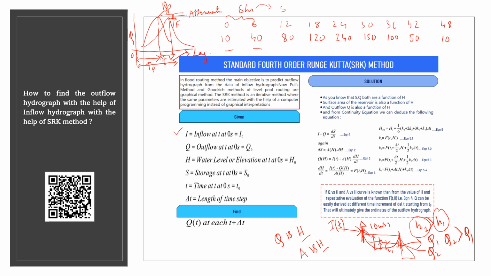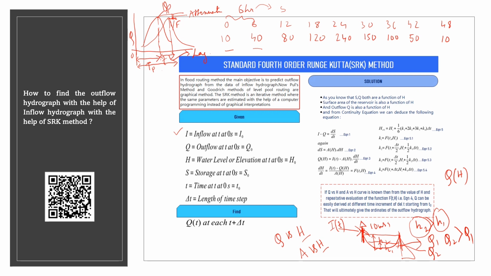And when it is converted to kinetic energy, H1 produces Q1, H2 produces Q2. So as H2 has a greater amount of potential energy, Q2 will be higher compared to Q1. Right? So this proves that Q is a function of elevation or water level or whatever you say.